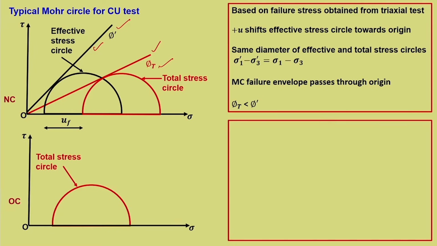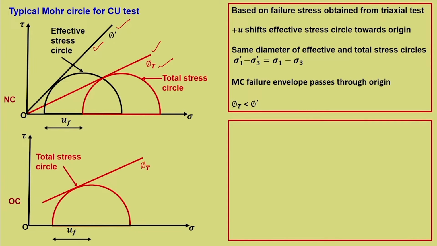So, for OC, the total stress circle is given as follows, and phi t is drawn, and you can see that it does not pass through origin. Here, since the soil has the tendency to dilate, the pore water pressure will be less.